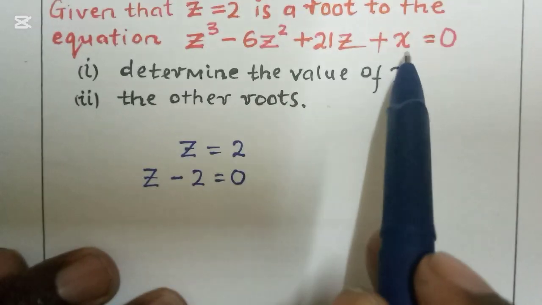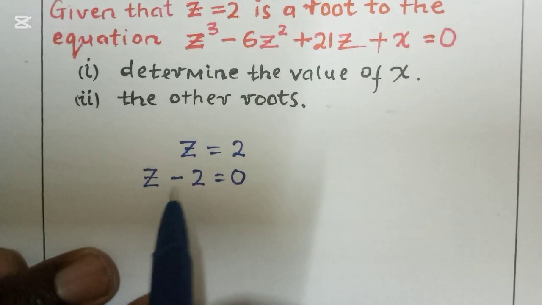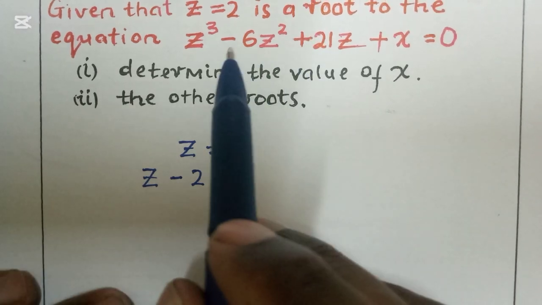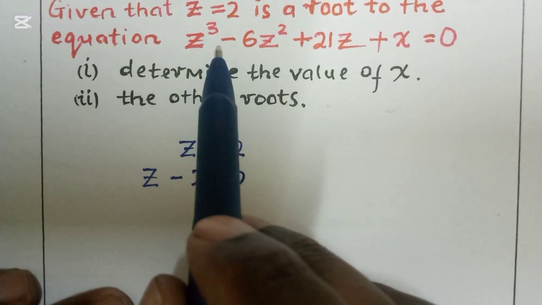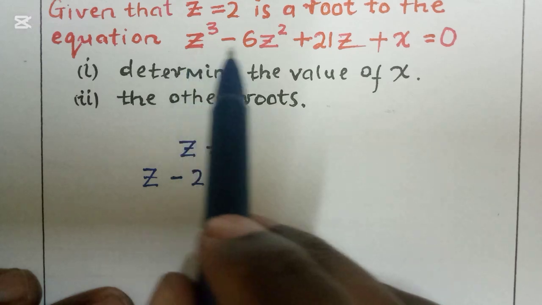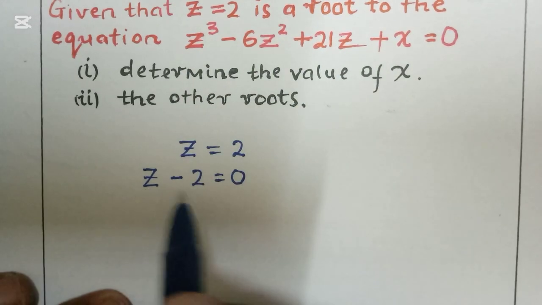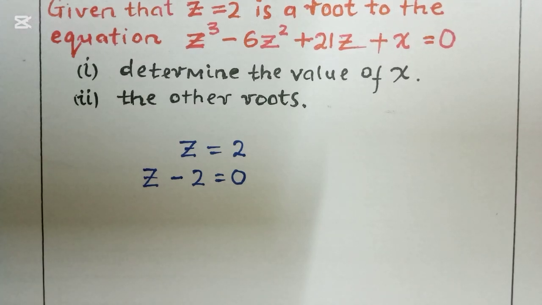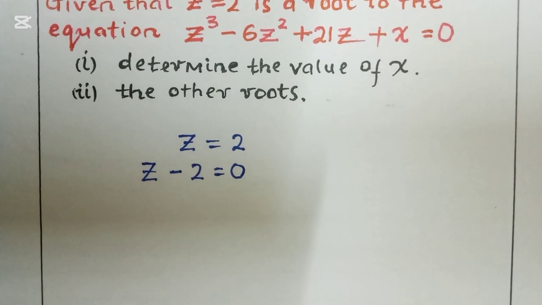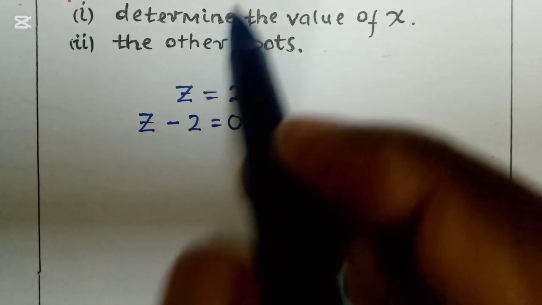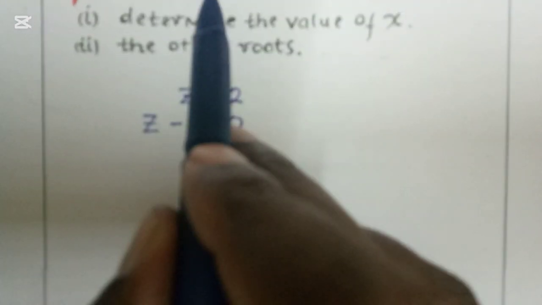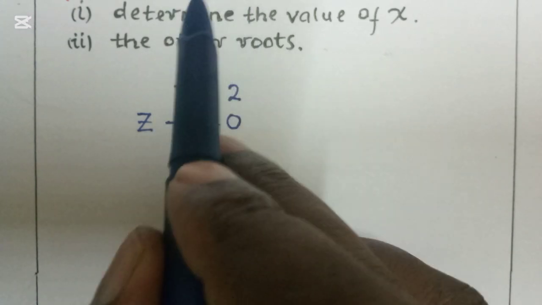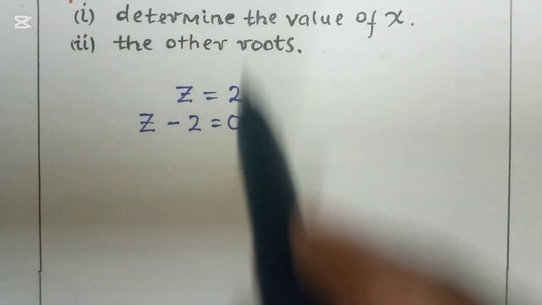So now we need to divide by z minus 2 for us to be able to get the factors. That is exactly what we are going to do. Such a polynomial has 3 solutions. One of the solutions is already given, then we have the other 2.